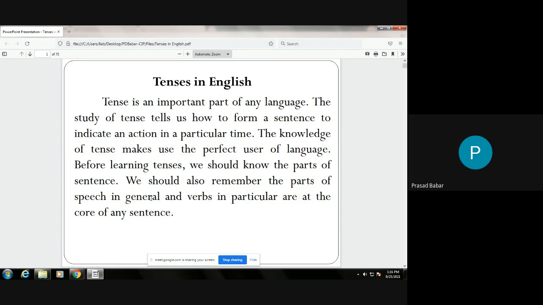That is why these verbs are very important, and they play a very important role in forming the sentences and forming the meaningful sentences. So they are at the core of any sentence.